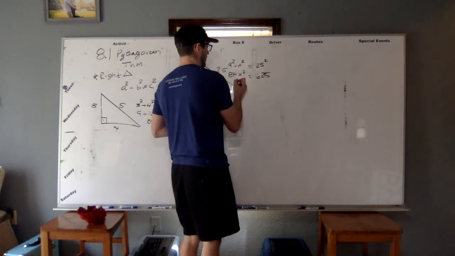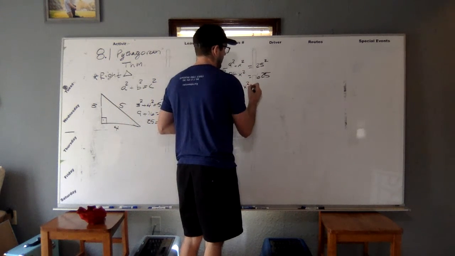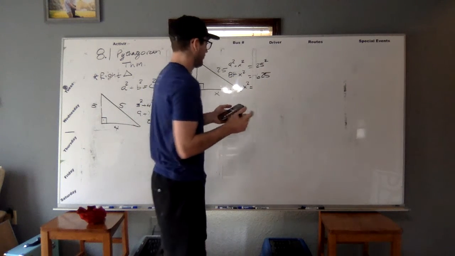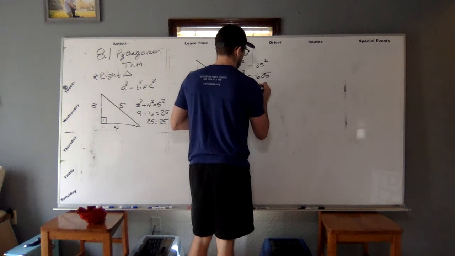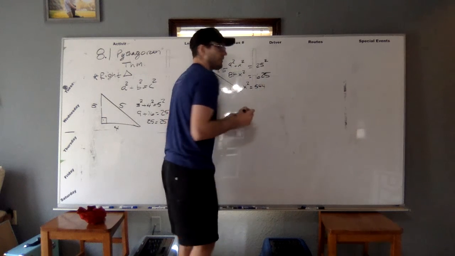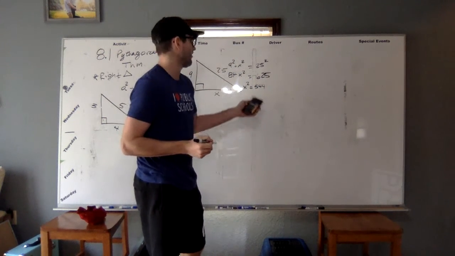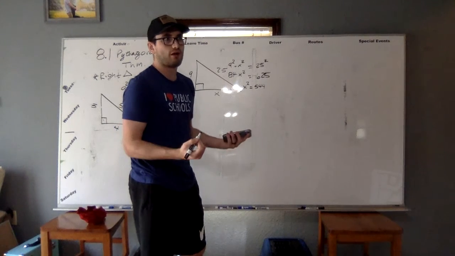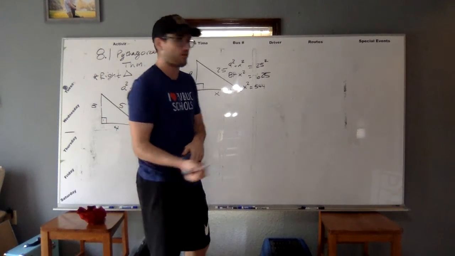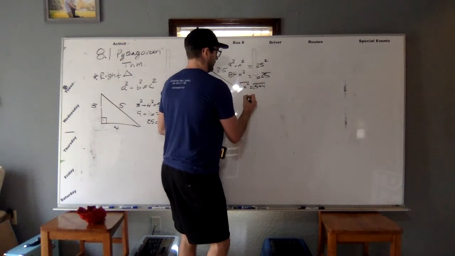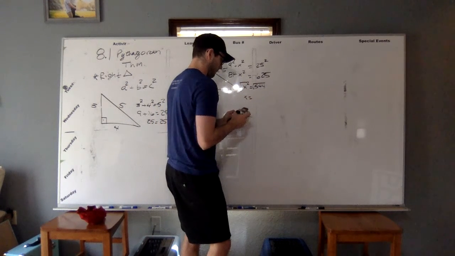I'd say, okay, subtract 81, so X squared equals 544. And then the last thing would be to take the square root. If I have an X squared and I want to get X by itself, what's the opposite of squaring something? I'd have to take the square root of 544.